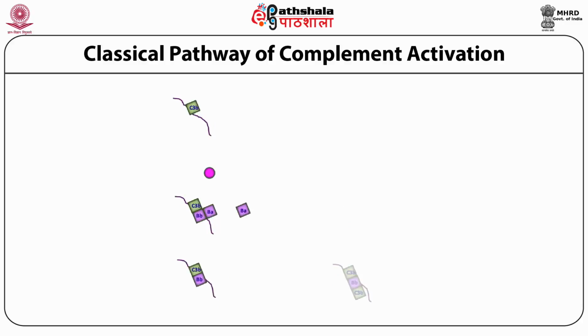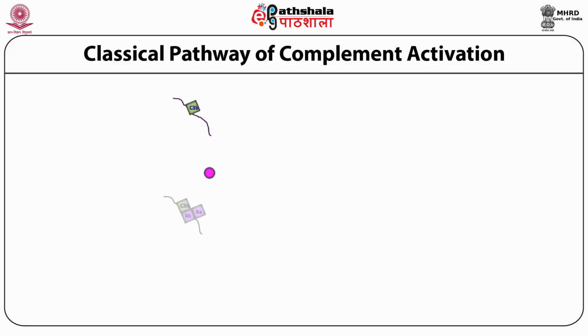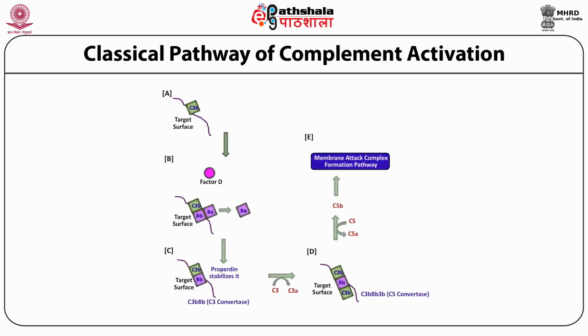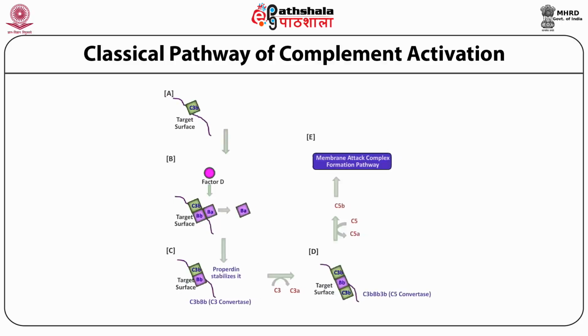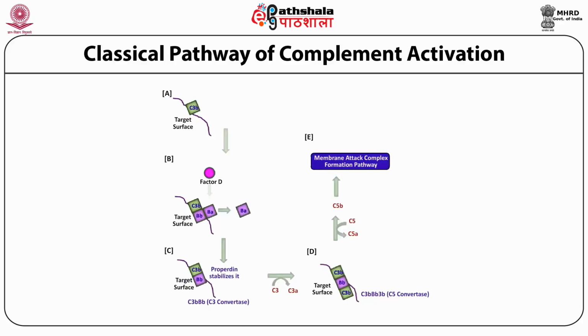C3b then binds factor B by a magnesium-dependent bond, which provides a surface for serum protein factor D to bind. Factor D cleaves factor B, releasing Ba. The remaining complex C3bBb possesses C3 convertase activity that is very unstable. Another factor, properdin, stabilizes this complex.